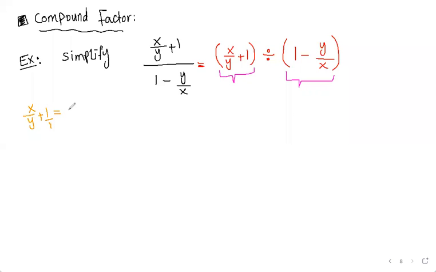So what are you doing here? You multiply x by 1, y by 1, and y by 1. So it will be x times 1 plus y times 1 over y times 1.